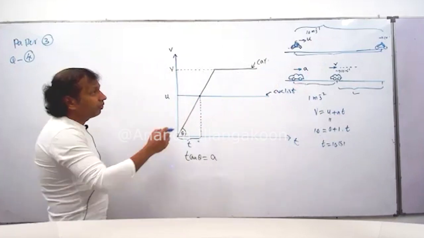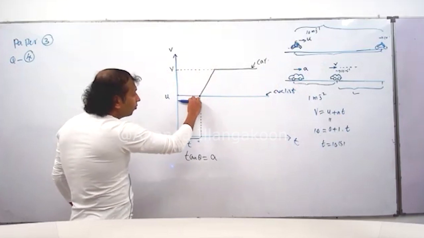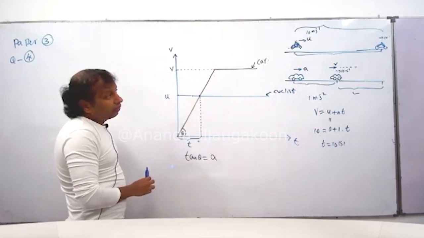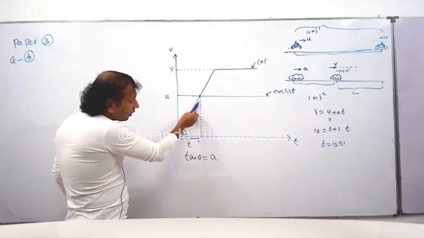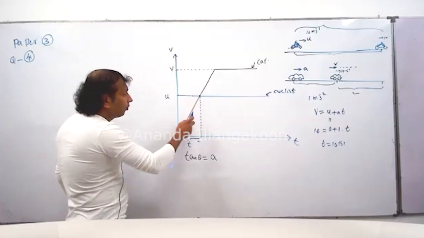That means the distance traveled by the cyclist is given by the area below this blue line, and that of the motor car by this area. Then their difference is this, the area I am shading.